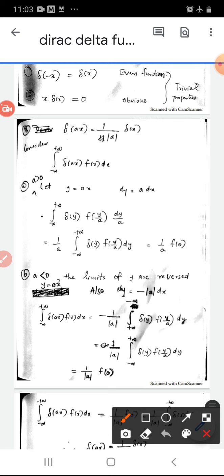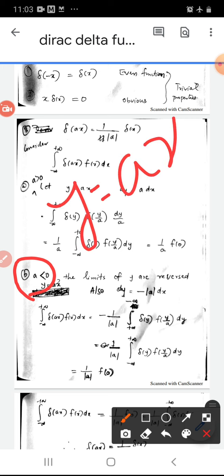And if we consider a less than 0, suppose that we consider a less than 0, a can be less than 0. So y equal to ax can be negative, depending upon the value of x.